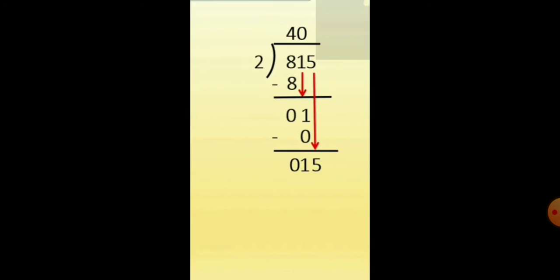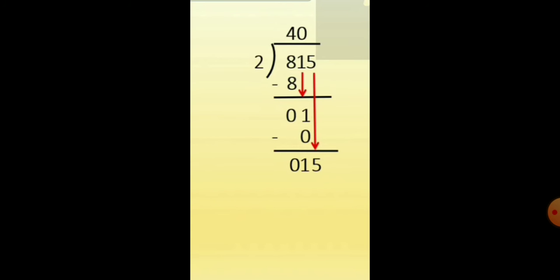If you see, my next number 1 is less than my divisor 2. So it will not come in the table of 2. So what I will do, I will do 2 zeros are 0.